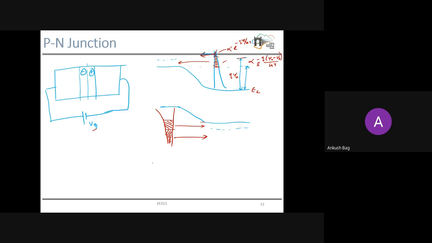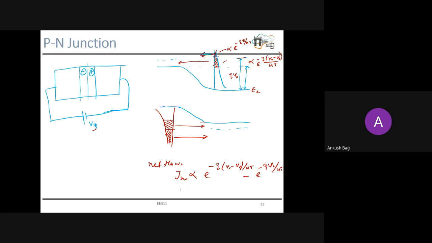That will be the net flow, and this net flow will eventually give us the current, which is proportional to e to the power minus (q psi naught minus q Vd) by kT, minus e to the power minus q psi naught by kT.